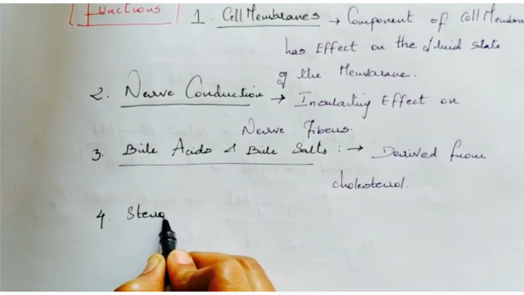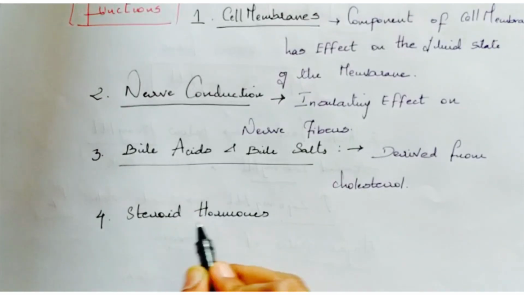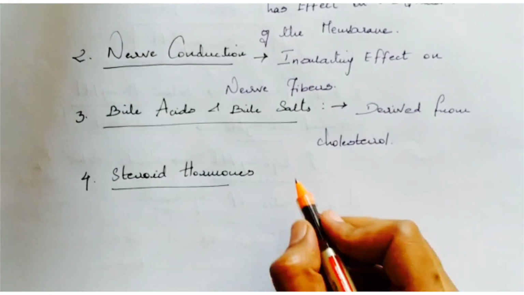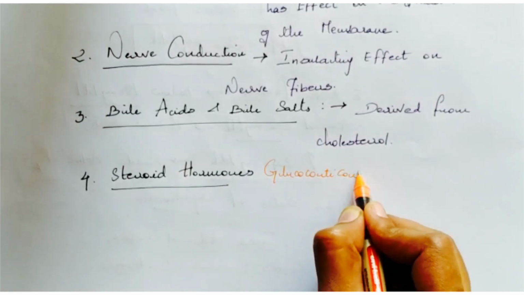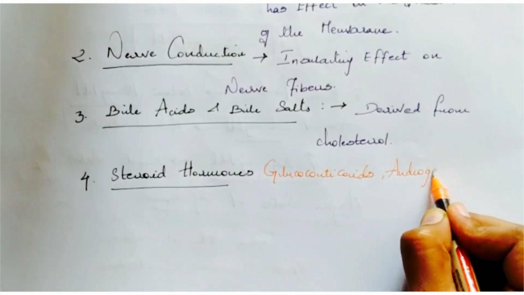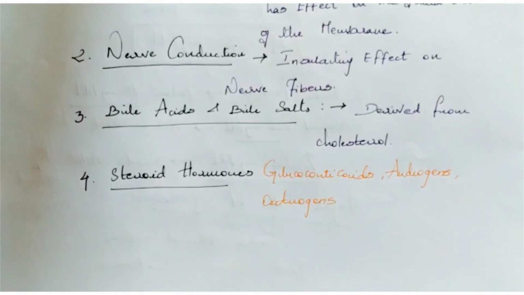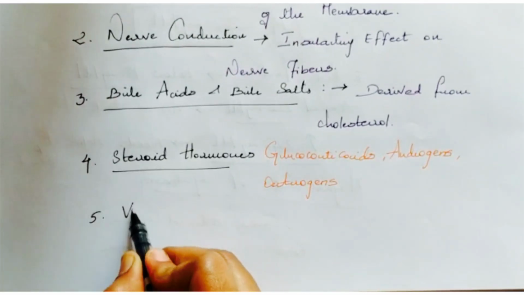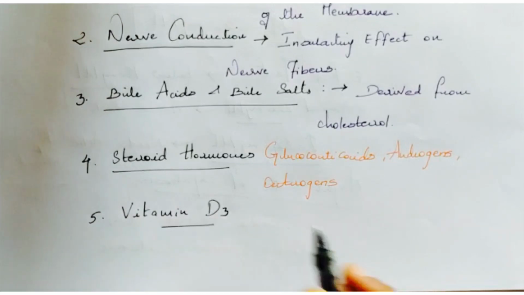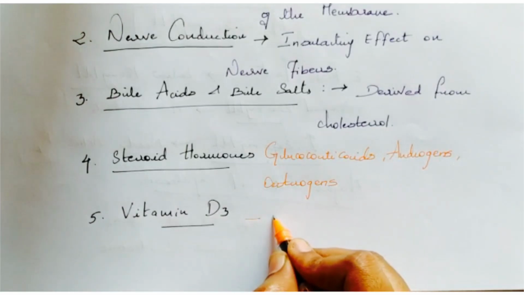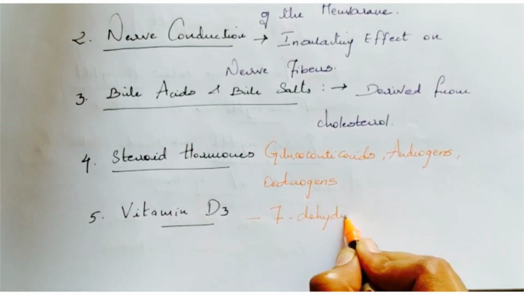Steroid hormones such as glucocorticoids, androgens and estrogens are from cholesterol. Vitamin D3 is from dehydrocholesterol.